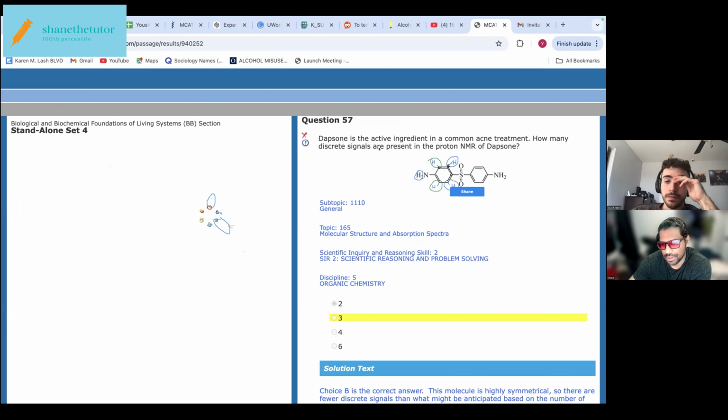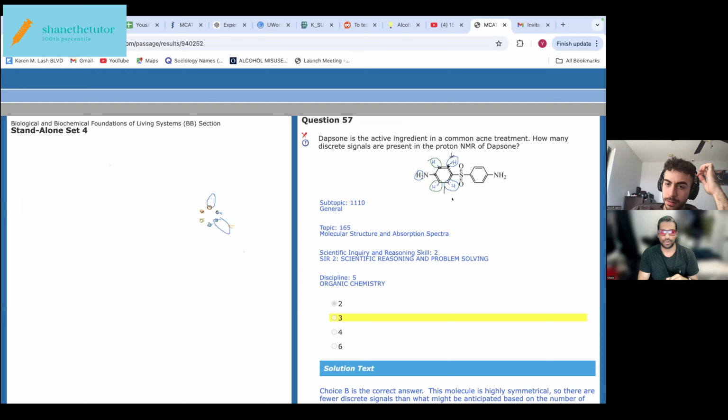And then this one over here is bound to a carbon that's bound to the sulfur, and it's also bound to the carbon that's bound to this hydrogen. So this and this are equivalent, and that's one. And now for this one, this hydrogen is bound to a carbon with this hydrogen, and it's also bound to the carbon that's bound to the NH2. And same thing for this one. So that's why these ones in green are equivalent as well.